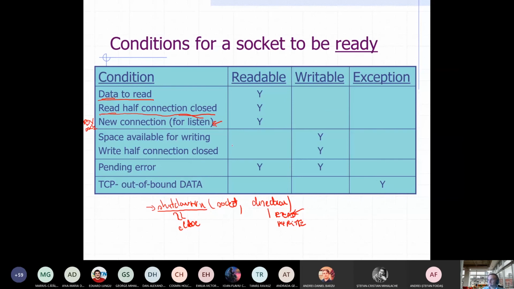Okay, so whenever there is a pending error and TCP out-of-band data, there are some operations that we didn't study. That's why I'm telling you that we are not going to cover this part. It's just for you to know that it exists. There are operations with which you are able to send out-of-band data, or urgent data.